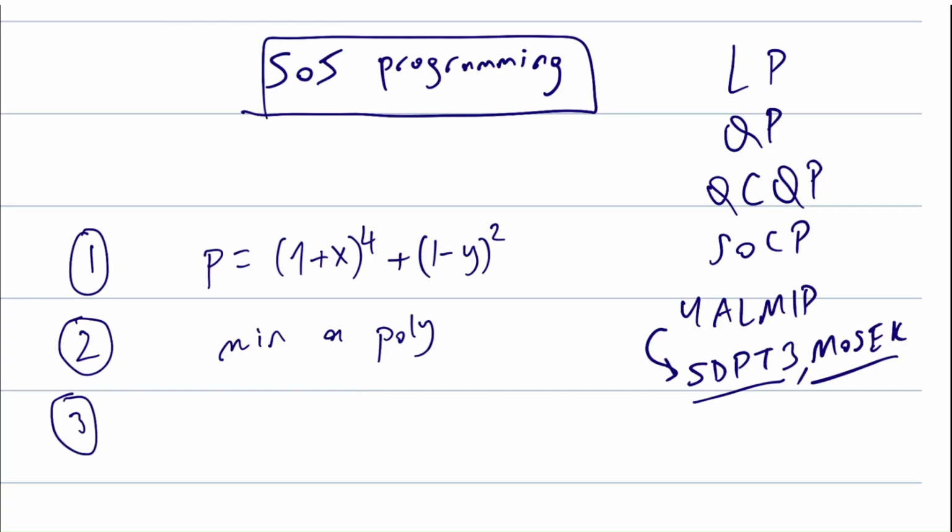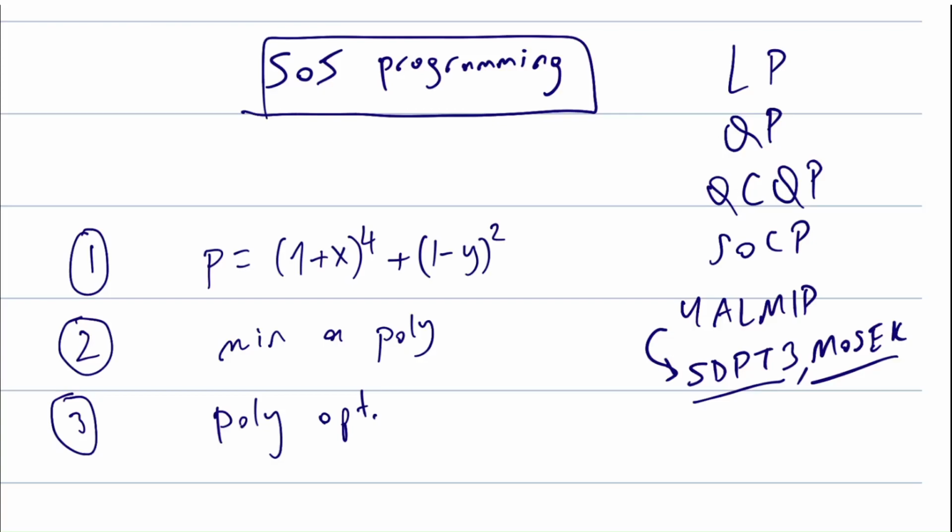And the third problem will be polynomial optimization. Let me write it down. What does it mean? Polynomial optimization is this: the thing that you minimize is a polynomial in x, for example, and you have inequality and equality constraints that are also polynomial.